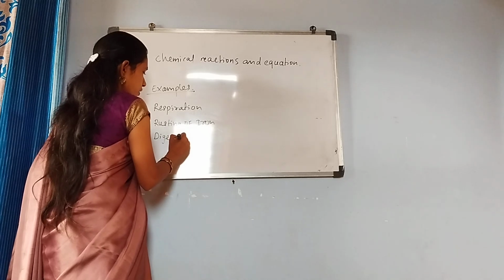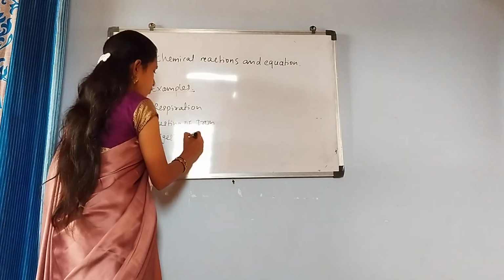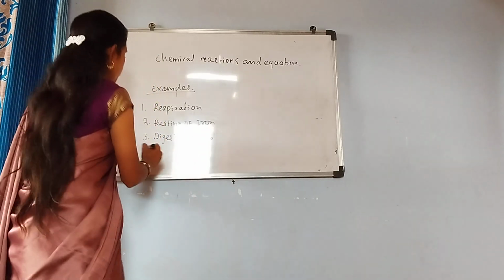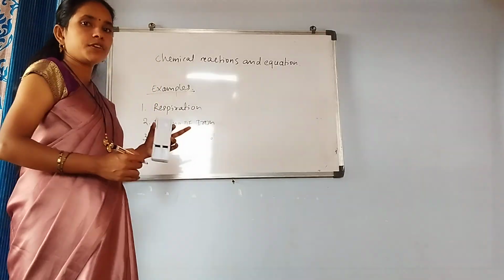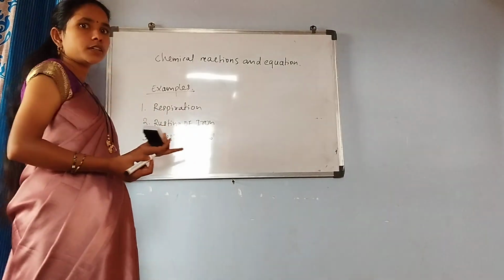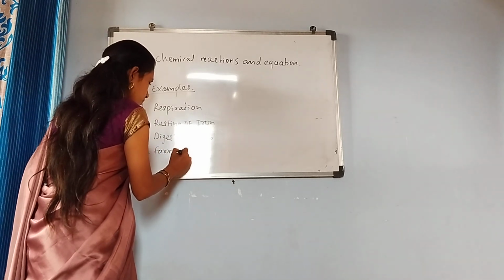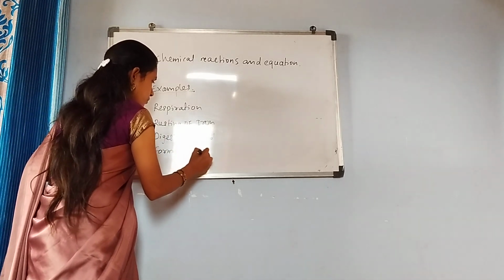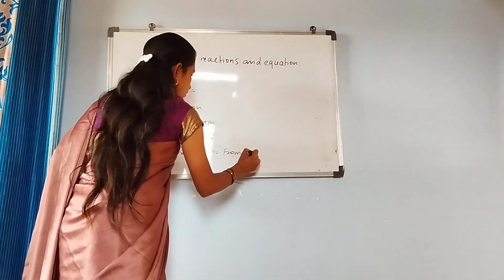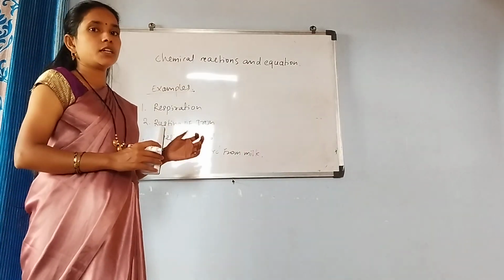Any example which is convenient and easy for us, we can take. So respiration, rusting of iron, digestion of food, or anything like formation of curd from milk. So these are the basic examples of chemical reactions.